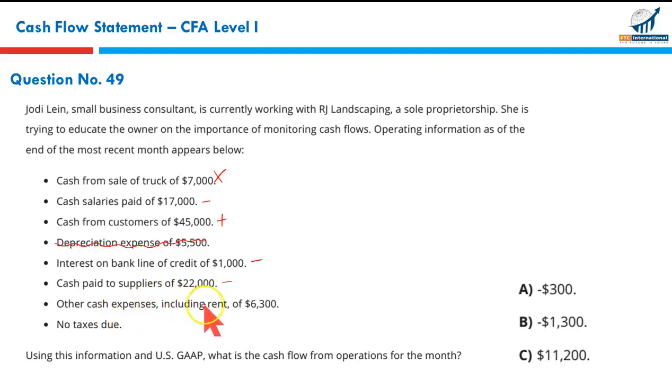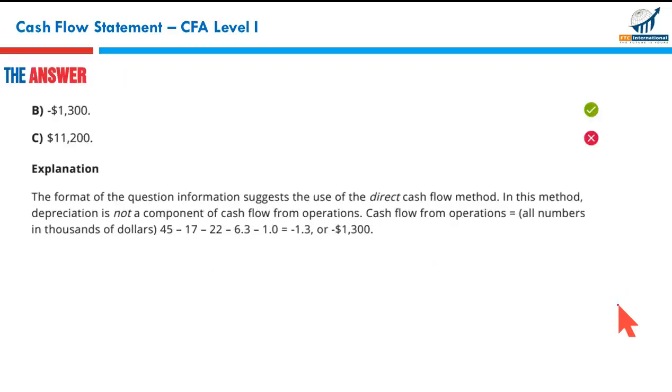Other cash expenses including rent, outflow. That's all. You simply have to add it all up. So it's negative 17 plus 45, negative 1000, negative 22, negative 6300. It's a negative 1300. Cash flow from operating activities is a negative 1300. So that makes B the correct option, and B it is.